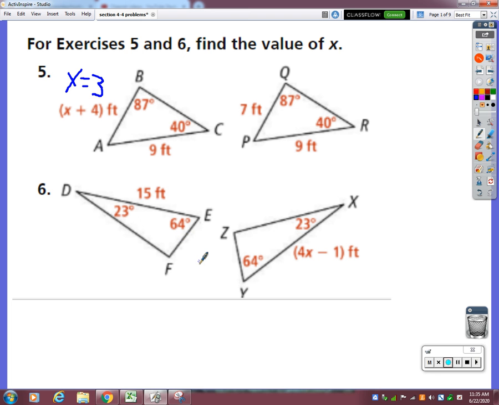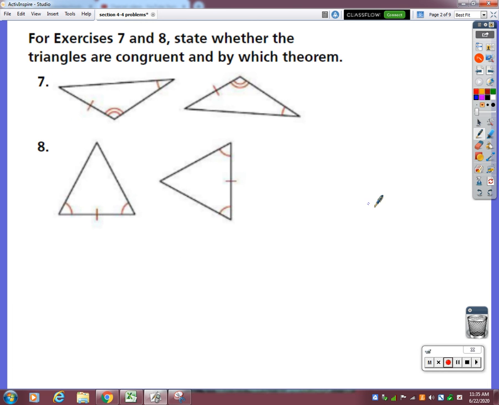I guess this may be a mistake on the part of the textbook because, like I said, angle, angle, angle is not one, and we can't solve this for x by assuming that they're equal. We know that this angle and that angle are equal, but we always need at least one side to show that triangles are congruent. So I'm going to say you can't actually do that, but if you could, then x would equal 4.